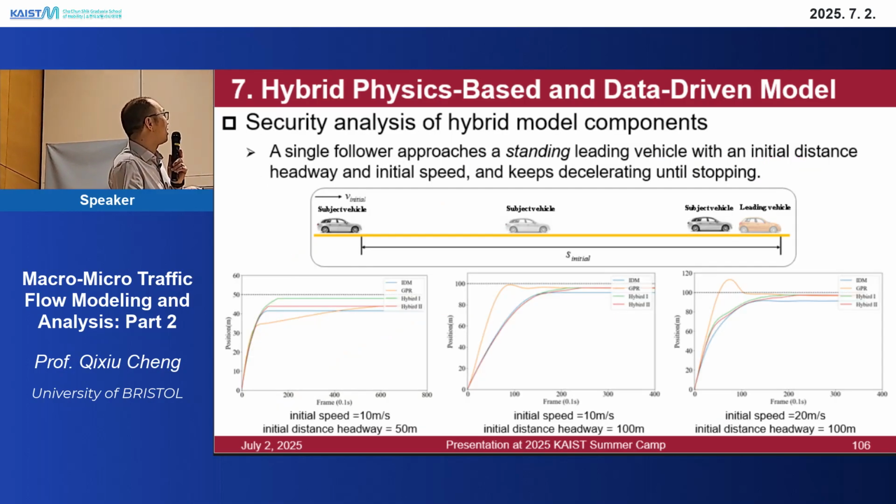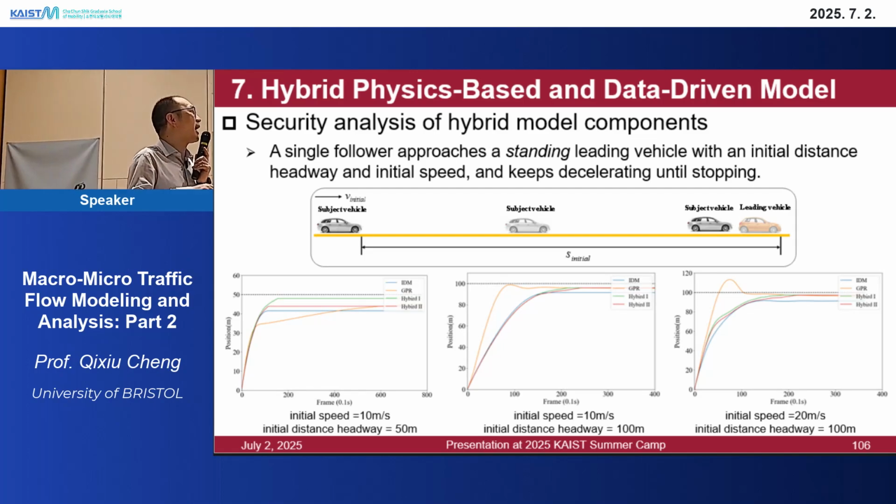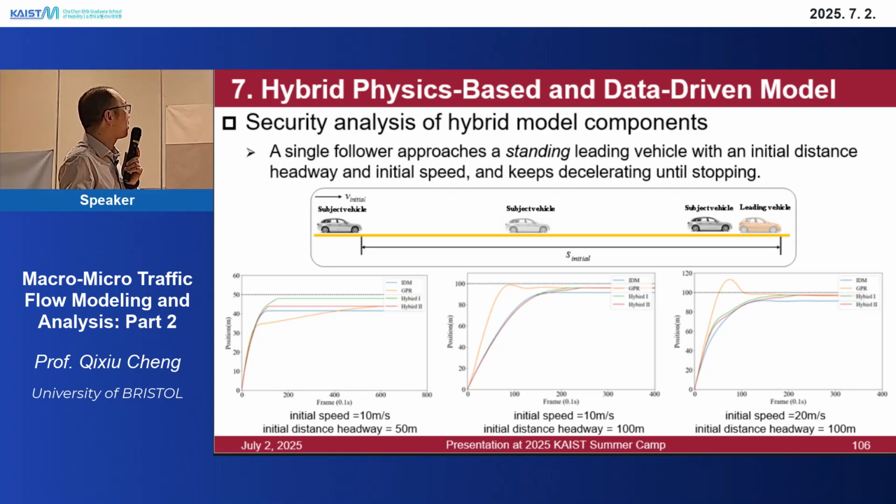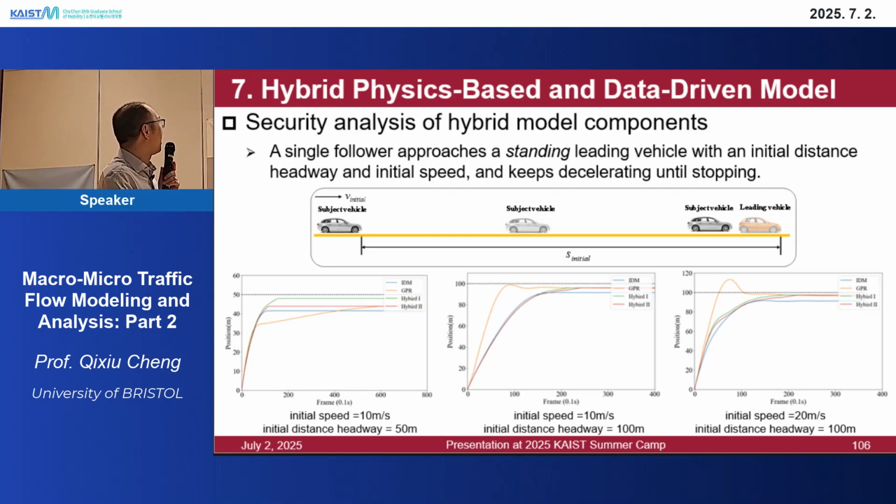We also did a safety analysis for the hybrid model. The scenario is this: a single vehicle travels along this road, and there is a standing vehicle in front, and we need to test the performance of the subject vehicle approaching the leading vehicle.